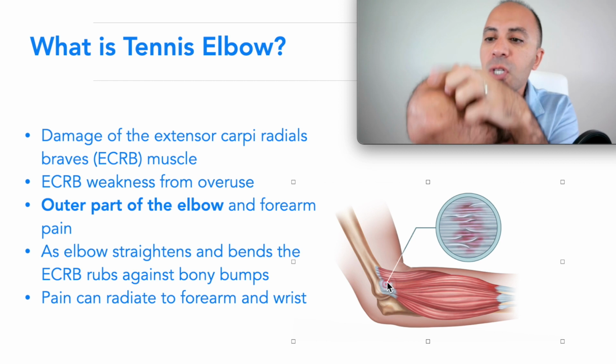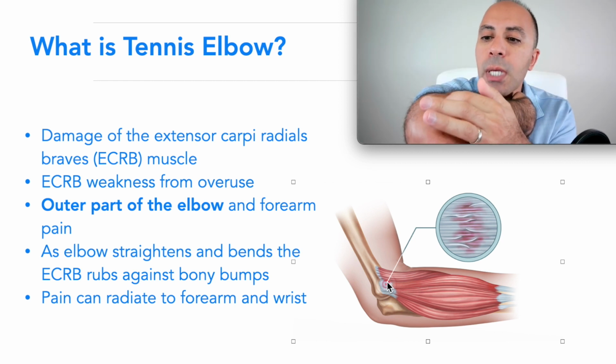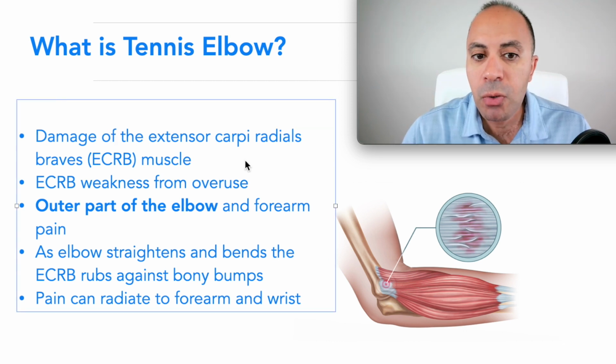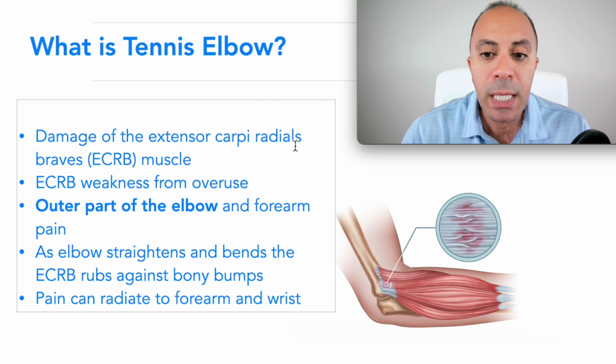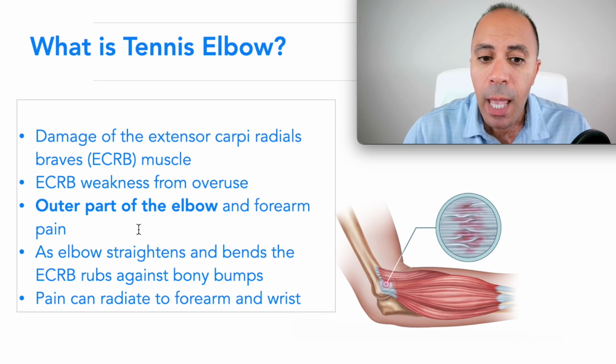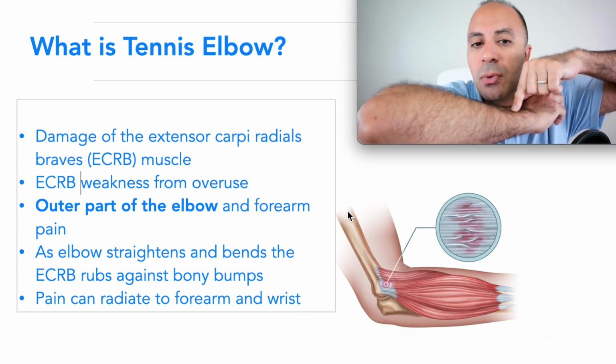Usually there's inflammation, scarring, and damage to the tendon here, usually due to damage to the extensor carpi radialis brevis, which is attached here to the elbow bone. That causes weakness in your wrist or your elbow, and the pain is usually on the outside of your elbow, and sometimes radiates down to your forearm.